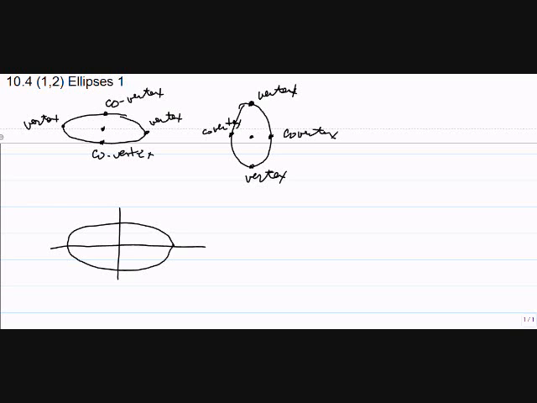But I have through the long part, the line going through the long part is the major axis. The line going through the short part and through the center is the minor axis.